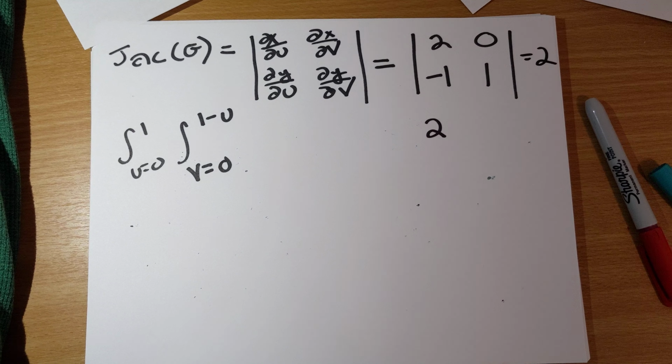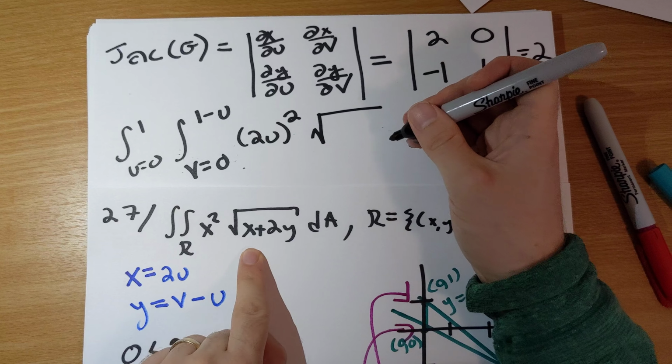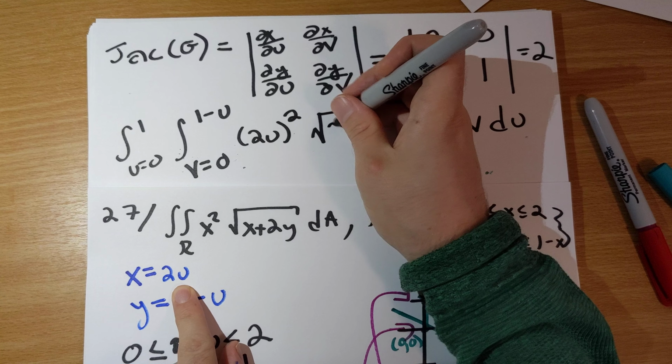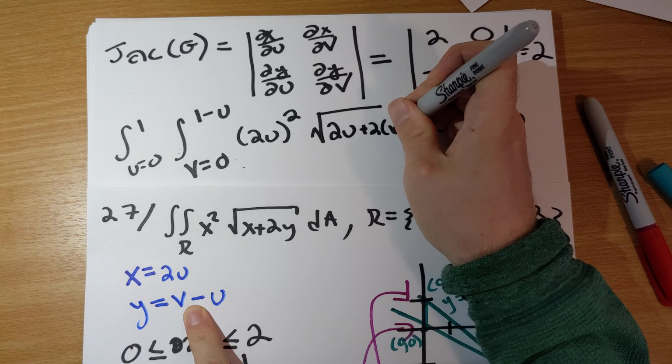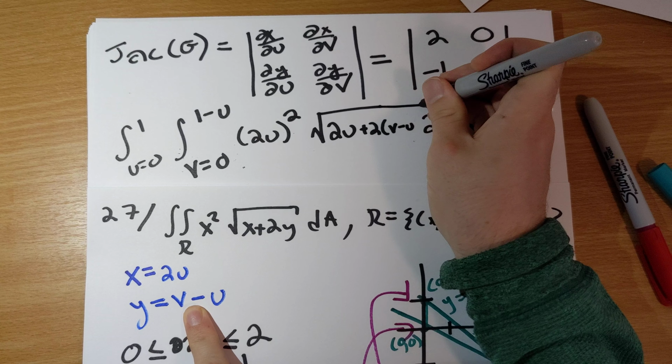It's the absolute value of 2, but it's positive here. 2v dv du. Okay, what's left here? x squared, well, x is 2u, so 2u quantity squared. And then the square root of x is 2u plus 2 times v minus u.